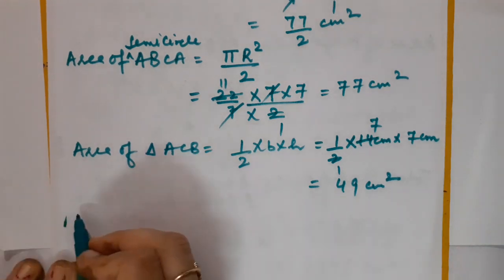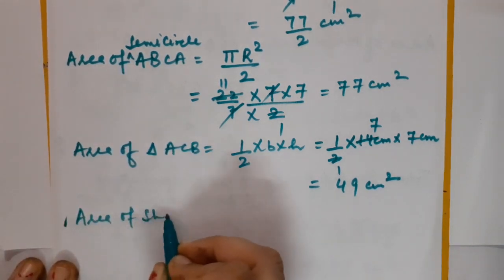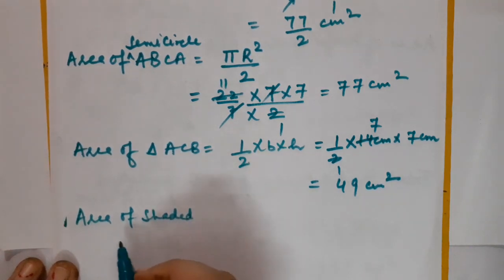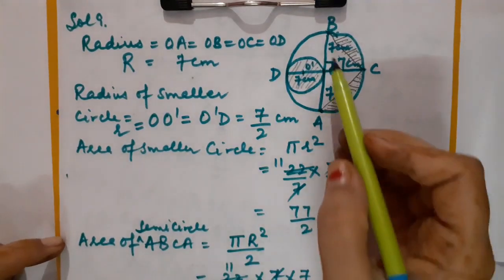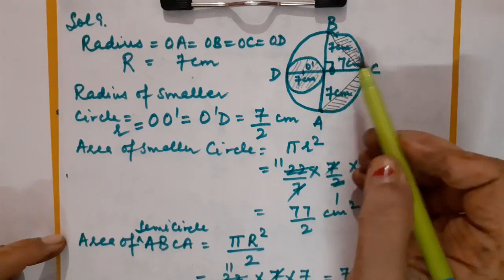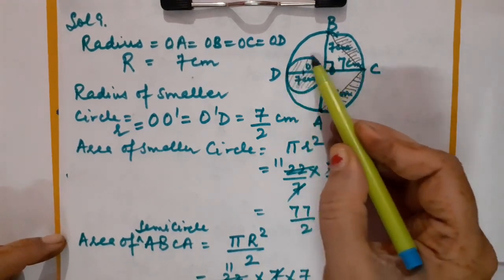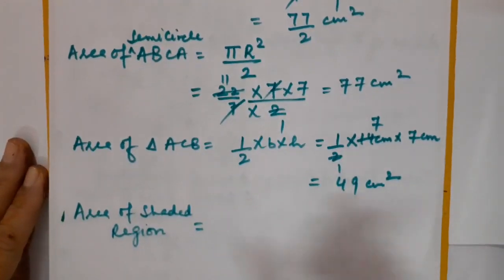Now I am going to write the actual formula, area of shaded region, which is the demand of the question. Area of shaded region is equal to area of semicircle minus area of triangle plus area of this smaller circle. Fine, so let us write the formula.